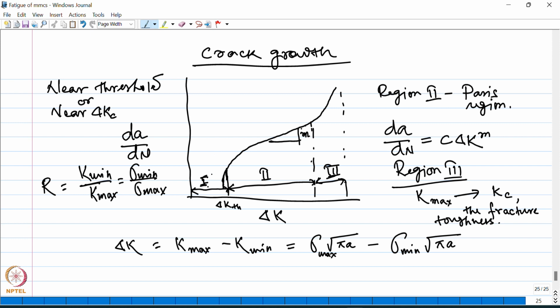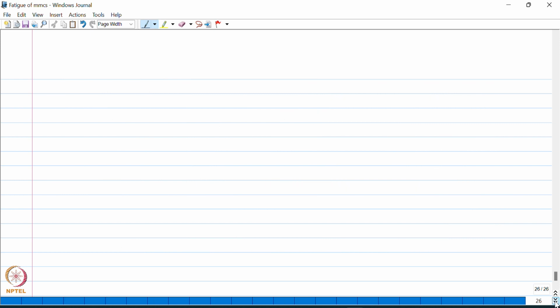So on this plot, for example, if I show another curve for high values of R, then it will shift towards the left. Something like this. So this is for high R, and this will be for low R. However, the microstructure and the load ratio have smaller influence on the crack growth rate in the Paris regime.